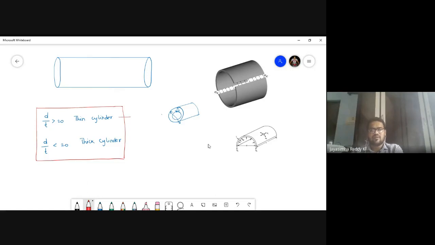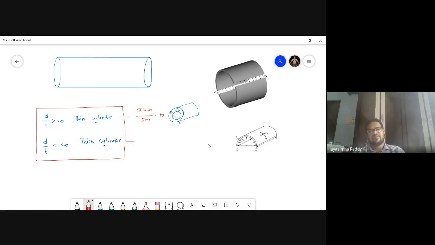So let me take an example, students. If the diameter is 50 mm and the thickness is 5 mm, this will be 50 by 5, which is 10, right? So this comes under a thin cylinder by the 10 criterion.